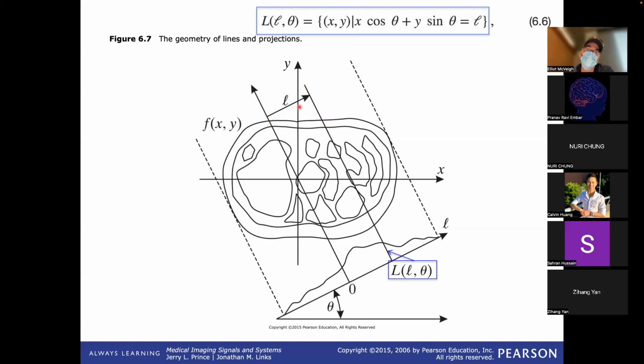So it has a displacement little l and an angle theta, and then all of the XY values that satisfy that are on that line, satisfying this equation here. It's just the equation of a straight line, right? And if you like equations of straight lines as y equals mx plus b, you can just reshuffle this to make it that if you want. But for the calculus and everything, this expression for that line is quite handy, okay?